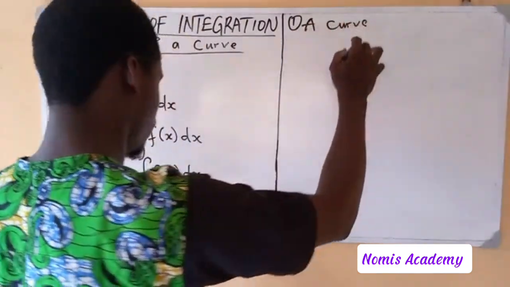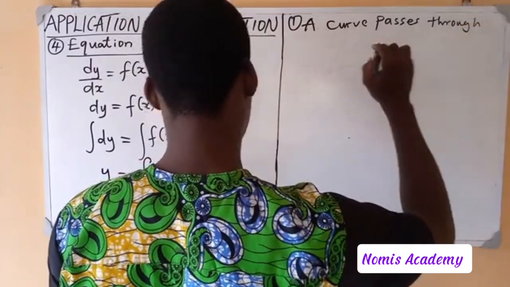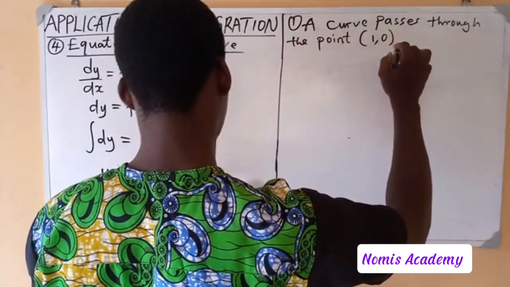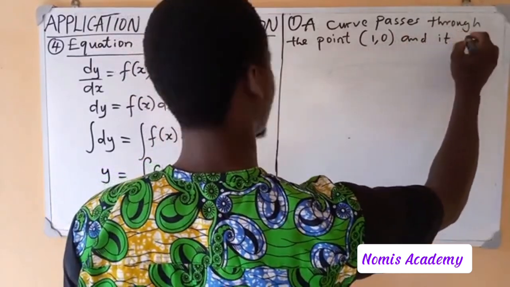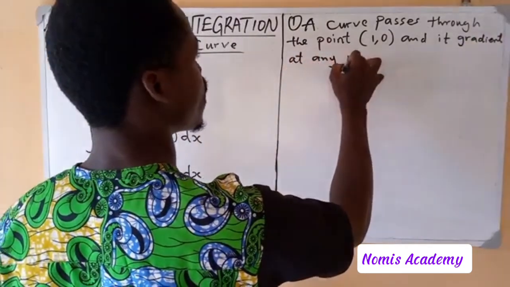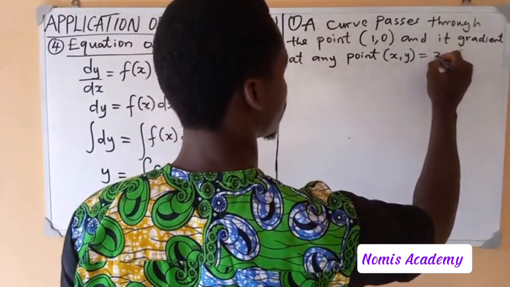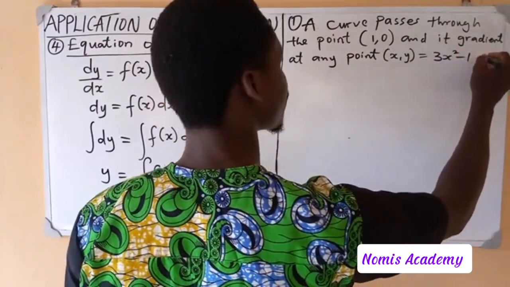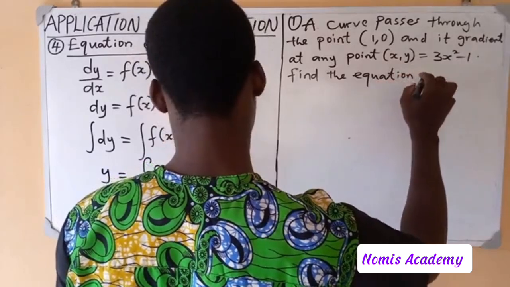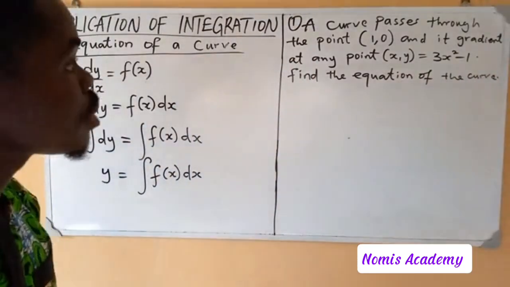A curve passes through the point (1, 0), and its gradient at any point (x, y) is equal to 3x squared minus 1. Now find the equation of the curve.